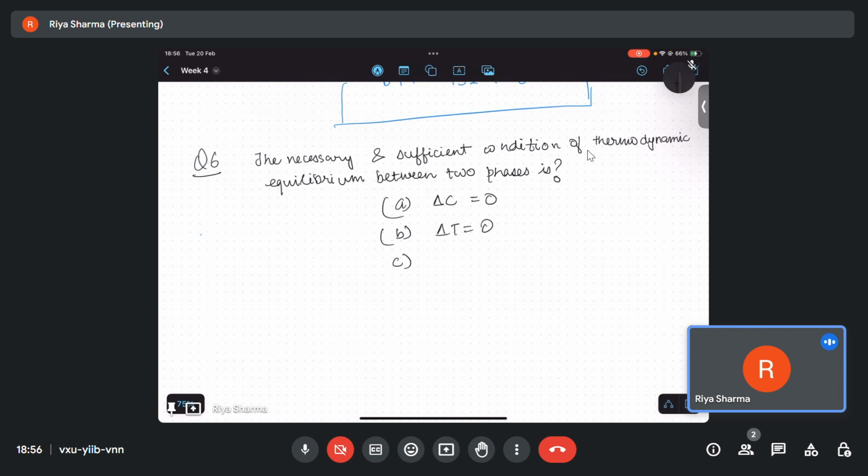The temperature should be 0? Delta P equals 0?